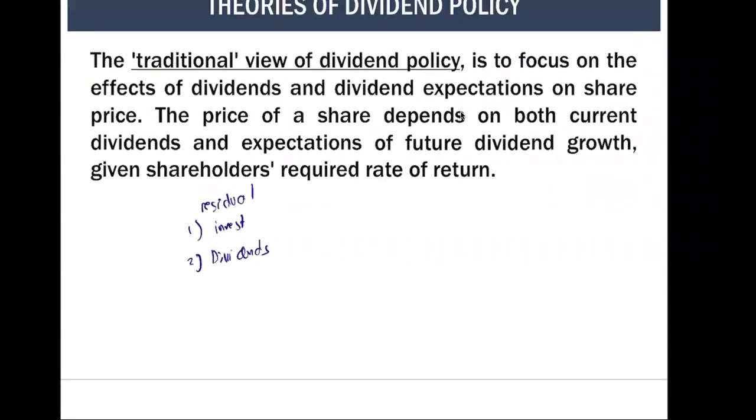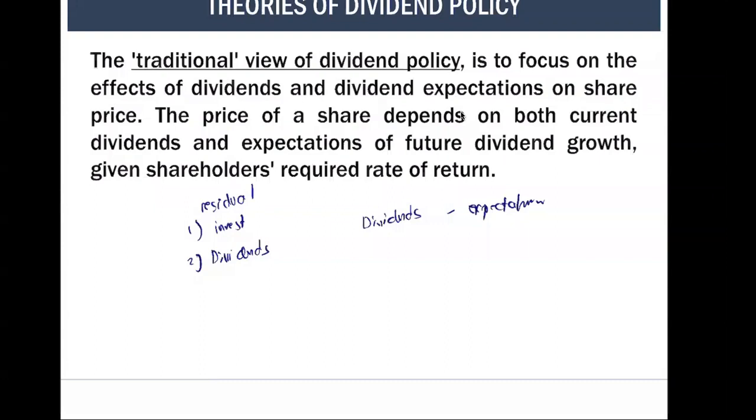Here, there is no priority because you always think that dividends provide expectations and, of course, signal your investors, as we said. If we keep on paying dividends, the price of our share increases, and this could mean future dividend growth and a higher rate of return to shareholders.